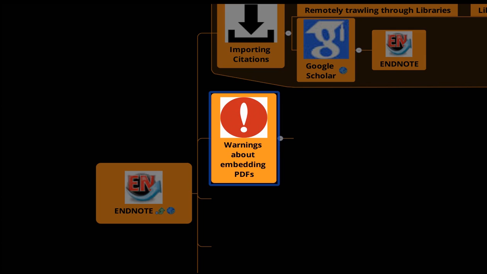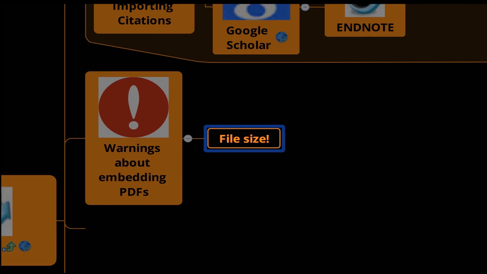should maybe avoid doing in the short term, and my reasons for warning you about, for example, downloading a reference and then downloading a PDF and then putting the PDF into the Endnote library. I have reasons for personally not doing that and not advocating that people do that, and the most important reason is that your Endnote library will be just enormous, especially if you start inputting big PDFs.